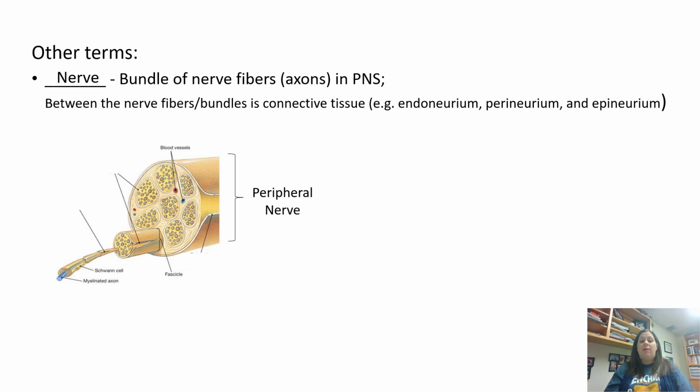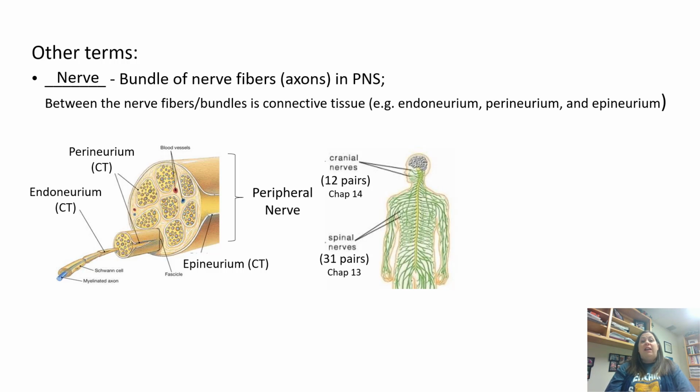The same thing here when we're talking about the nerve in the peripheral nervous system. We do see that there's going to be the endoneurium, which is going to go around individual axons. We then see a bundle of axons together are going to be packaged with the perineurium. And then the entire nerve is going to be wrapped with the epineurium. Okay, so we see that there's that wrapping that is present.